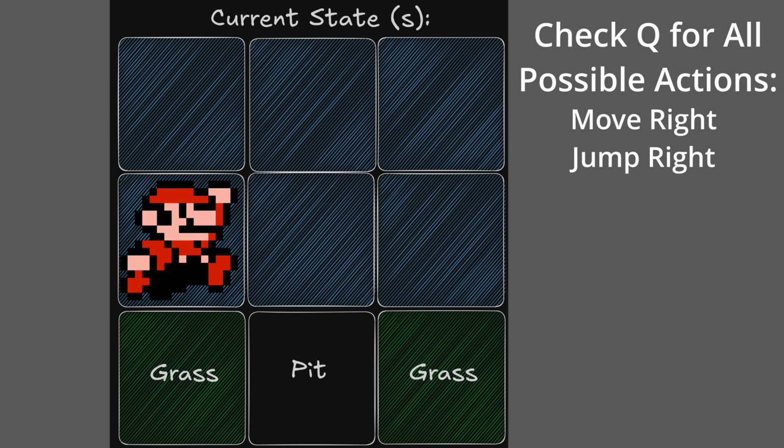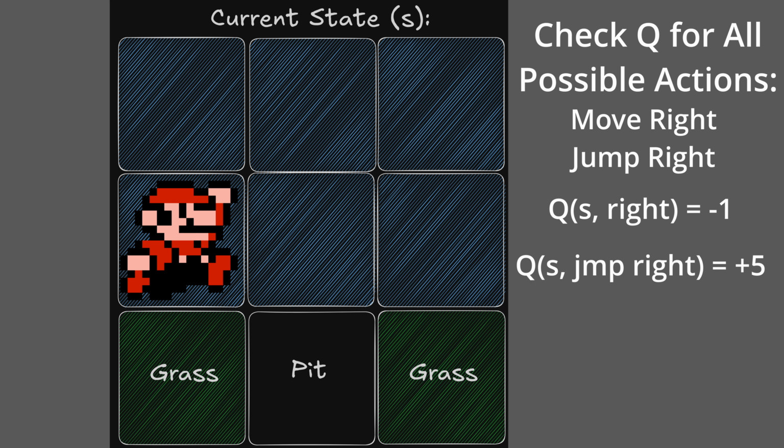Imagine Mario is standing next to a pit. If he moves right without jumping, he dies. So Q(S, right) might be something like -1. If he jumps over the pit, he survives and keeps going. So Q(S, jump right) might be something like +5. The Q function is basically just scoring each possible action.